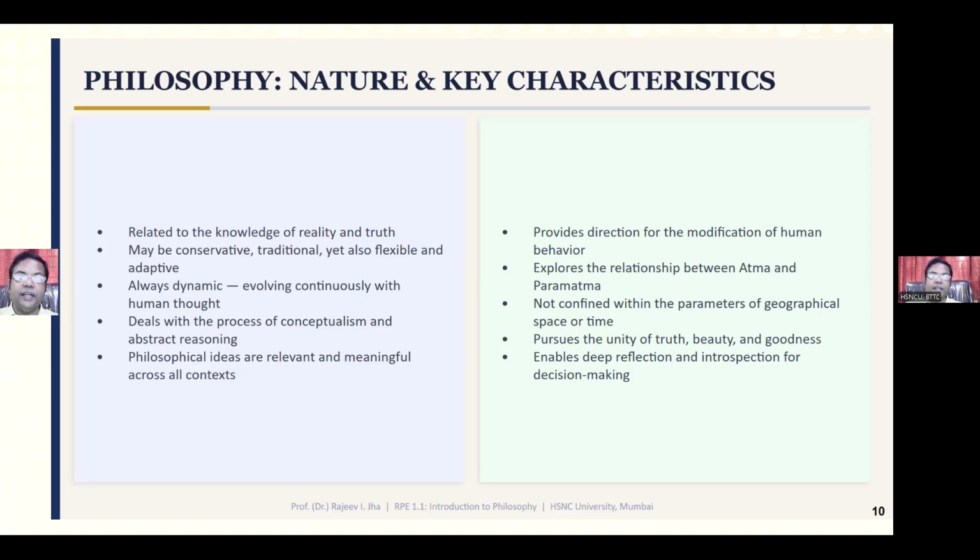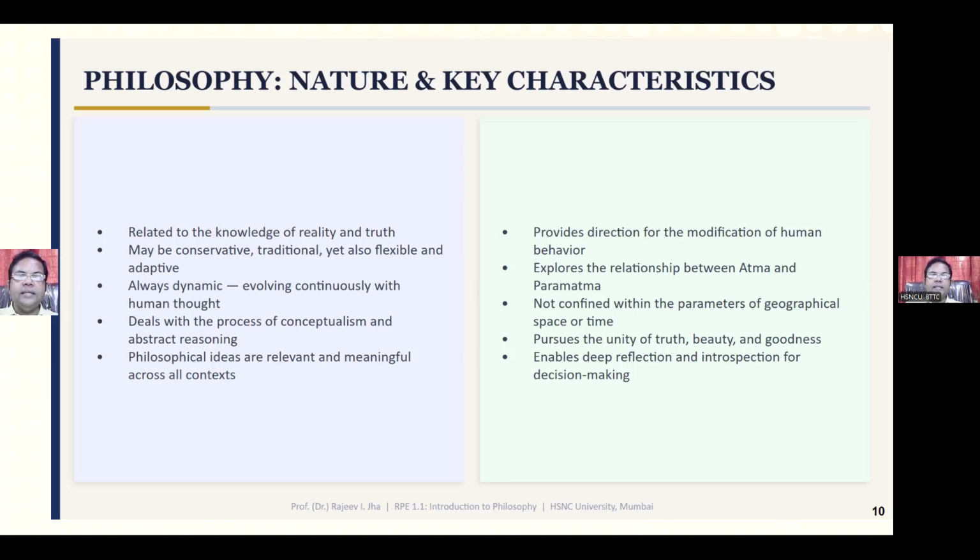Philosophy provides direction for the modification of behavior, which is central to education. When a curriculum designer asks whether punishment is an effective or appropriate tool in learning, that is a philosophical question with empirical implications.